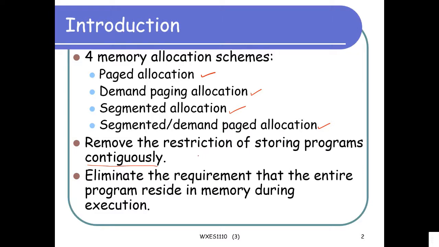Virtual memory eliminates the requirement that the entire program resides in memory during execution. This will save a lot of processing overhead in the main memory. So virtual memory is a good way of memory management in an operating system.